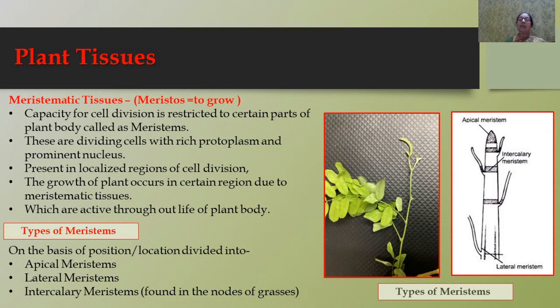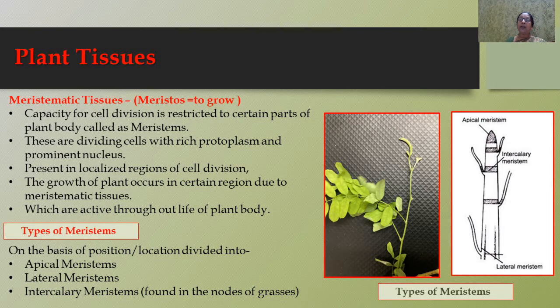Now these meristematic cells have the capacity to divide and redivide again and again in certain parts of the plant body. These are the dividing cells because they have rich protoplasm and a very prominent nucleus. Their cell walls are very thin, but they are localized in specific regions.